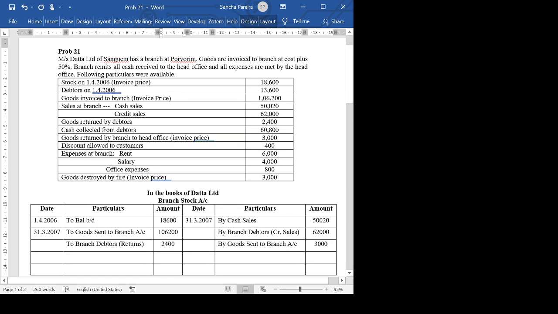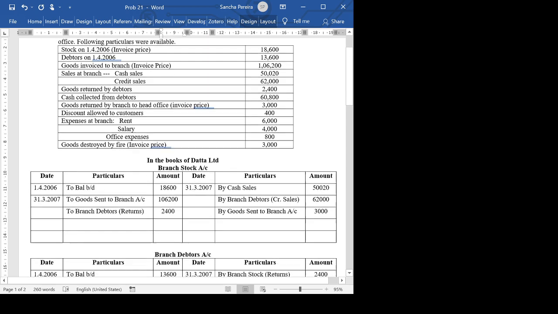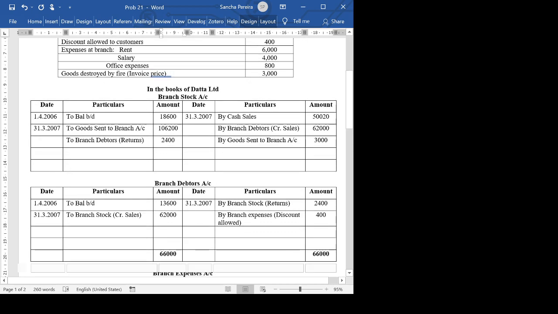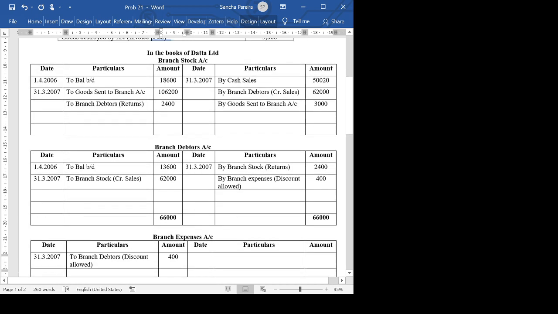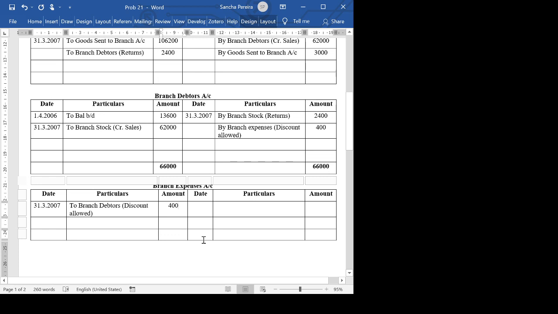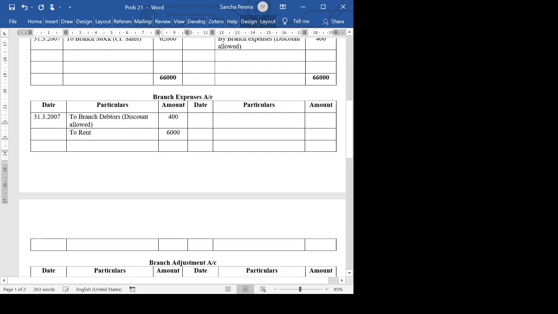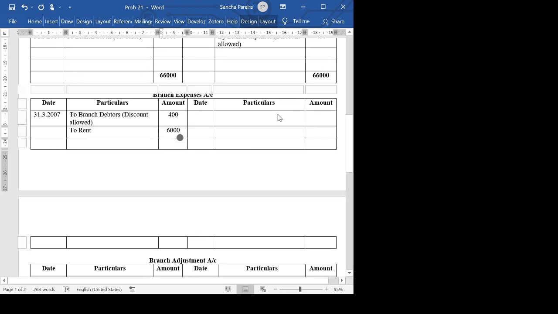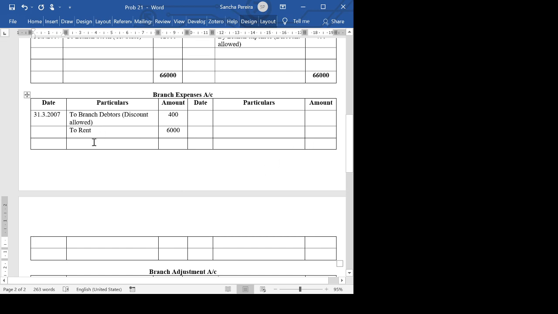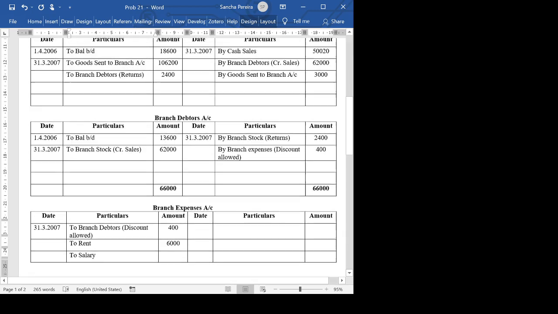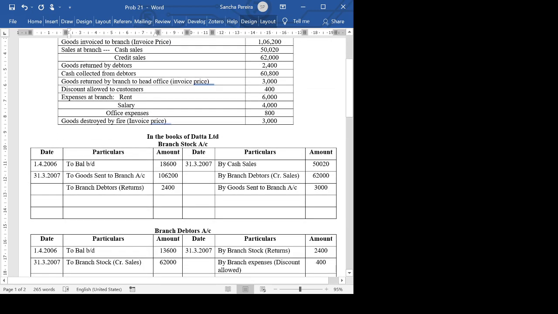Expenses at branch: rent, salary, office expenses. We just need to mention these. Rent is 6,000. Salary is 4,000.